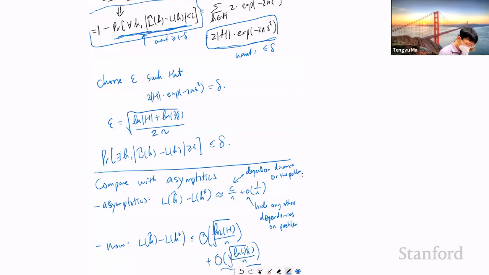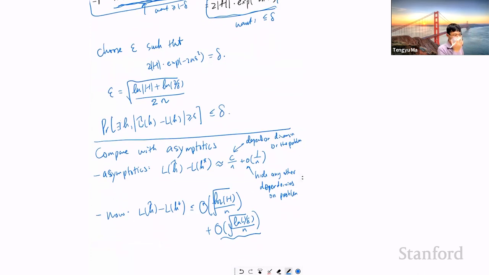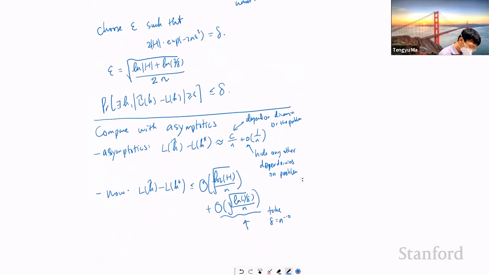This term is supposed to be relatively small because it is logarithmic in delta. You can take delta to be something like n to the minus 10, so you still get square root log n over square root n, which is almost negligible compared to the first term. So let's ignore this for the comparison.